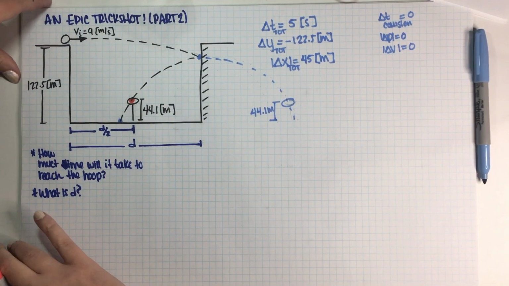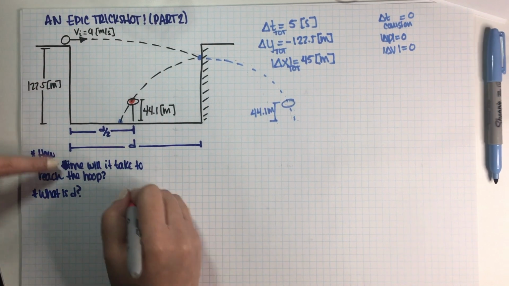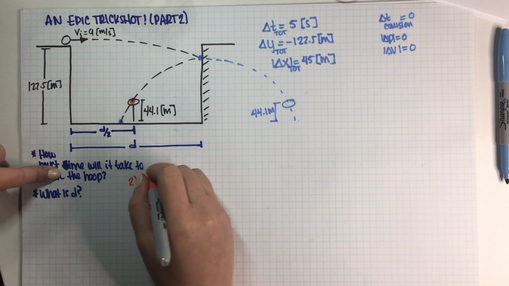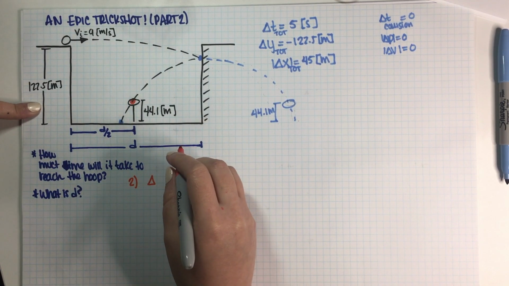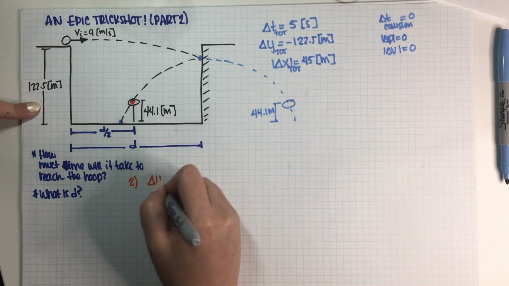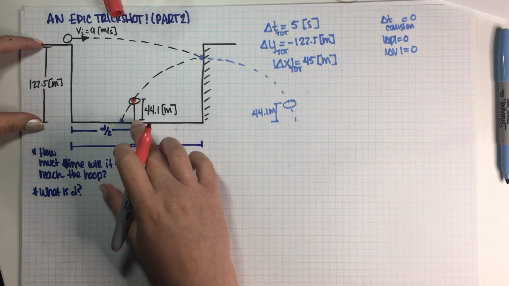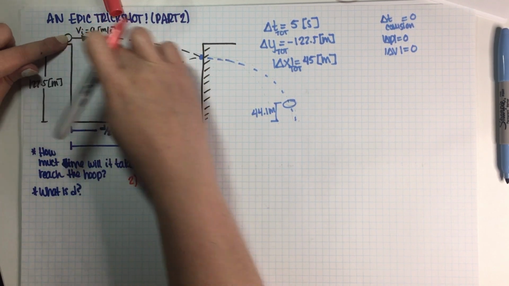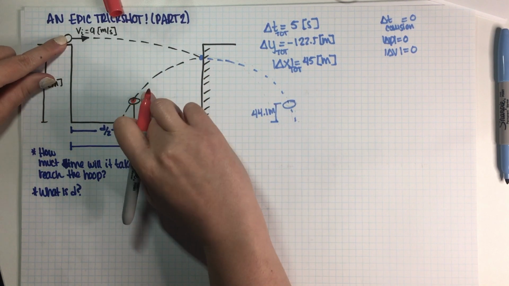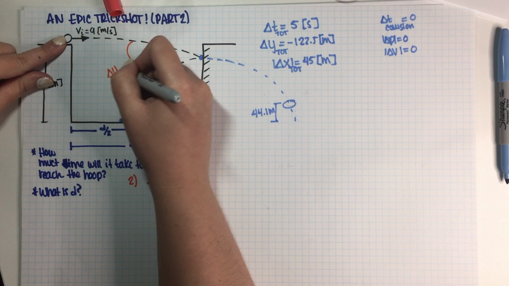This is a very interesting problem. So for part 2, my delta y is actually not the total delta y. My delta y is going to be this total distance minus the 44.1 meters, so that my traveled vertical distance is just this delta y, right?